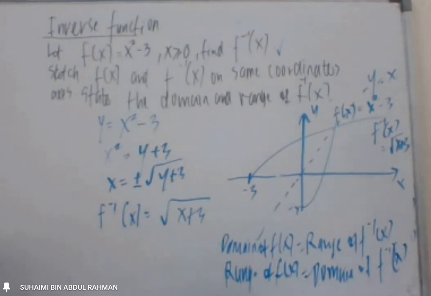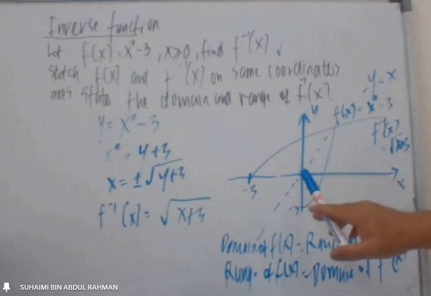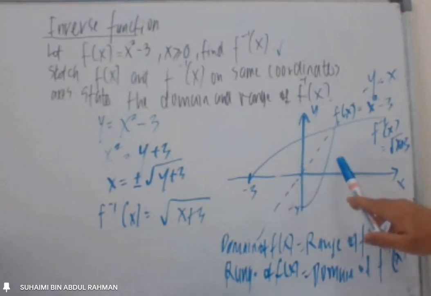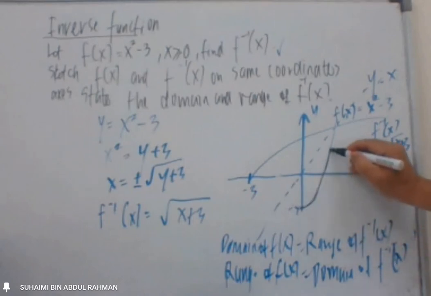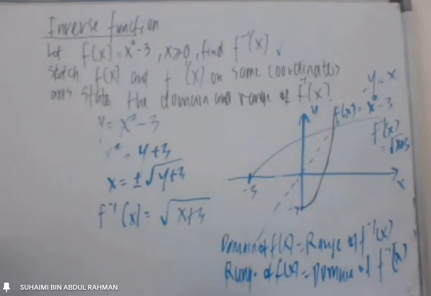So what is the domain of the function? This is the graph of the function. The domain is 0 to infinity. Therefore, that's the range of the inverse.